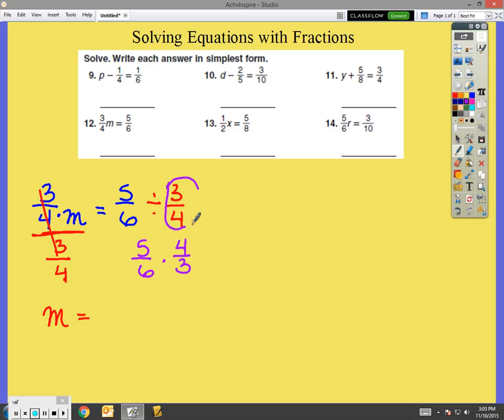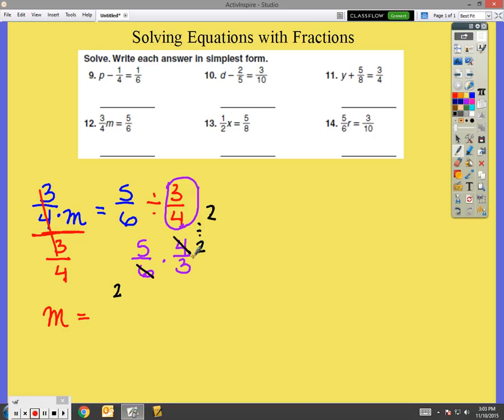Now, I like to do cross reduction, and some of you are still a little uncomfortable with it, but I think the more you do it, the better you become. 5 and 3 have no common factors. 4 and 6 do have a common factor. The common factor they both have is 2. So I'm going to write a 2 up here and a 2 down here. So what is 4 divided by 2? And that gives you 2.